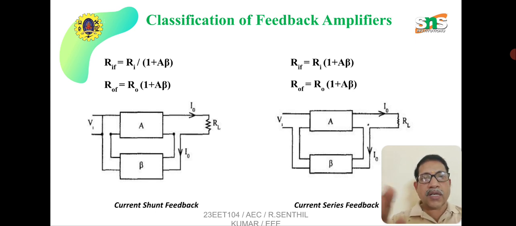Similarly, the shunt is on the input side, therefore RIF equals RI divided by 1 plus A beta.